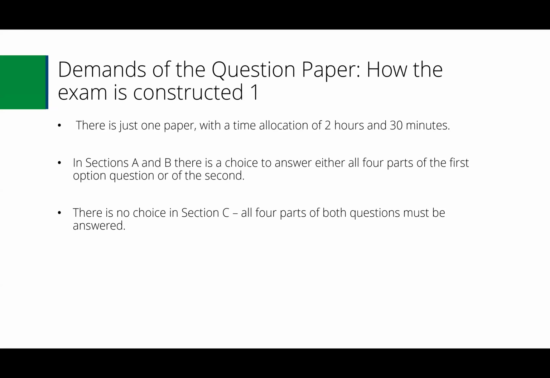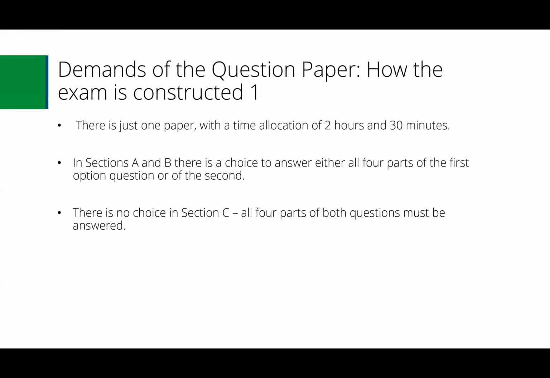In section C, there is no choice. The reason being that we are giving prominence to this section. So we are stressing the importance of developing an understanding of how the Muslim life is lived today. So we start off by understanding the Prophet's life, understanding the community at the Prophet's time, and then how the Muslims are living today. Within this section, both question 5 and 6 need to be answered.